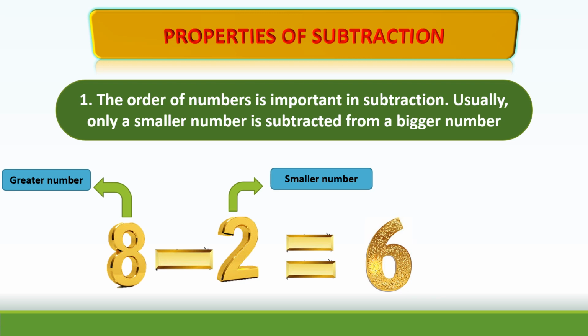So the first property of subtraction is a smaller number is subtracted from a bigger number. And when it is subtracted, we get the difference. 8 minus 2 equals 6. If you have understood the first property, let us move to the next property.